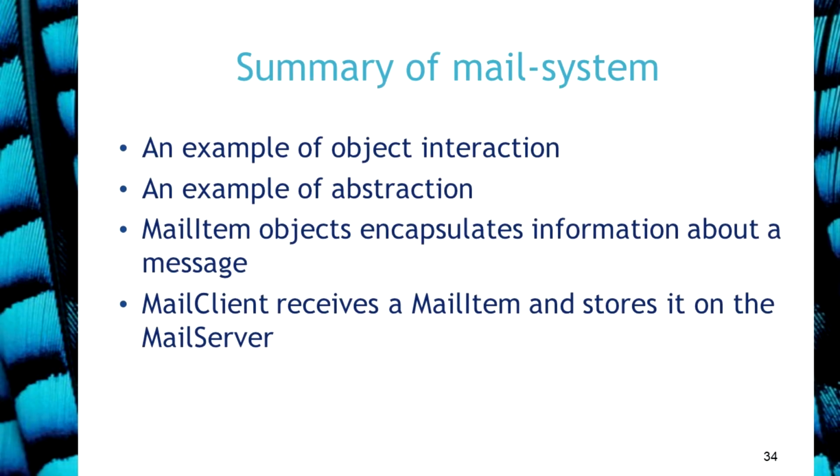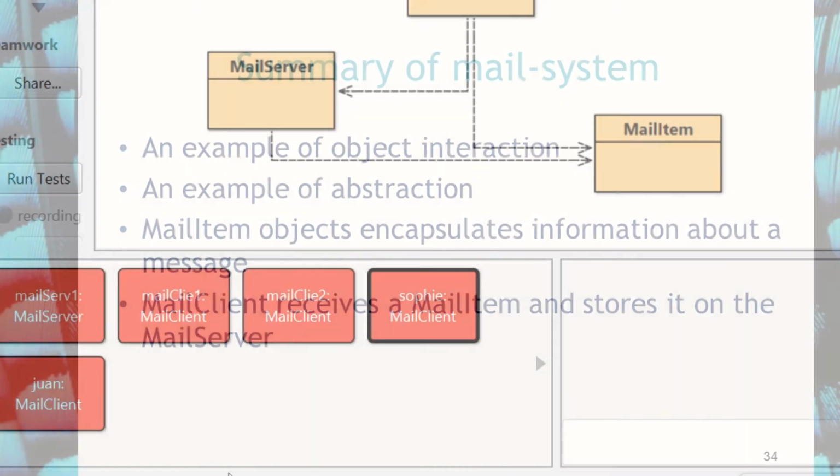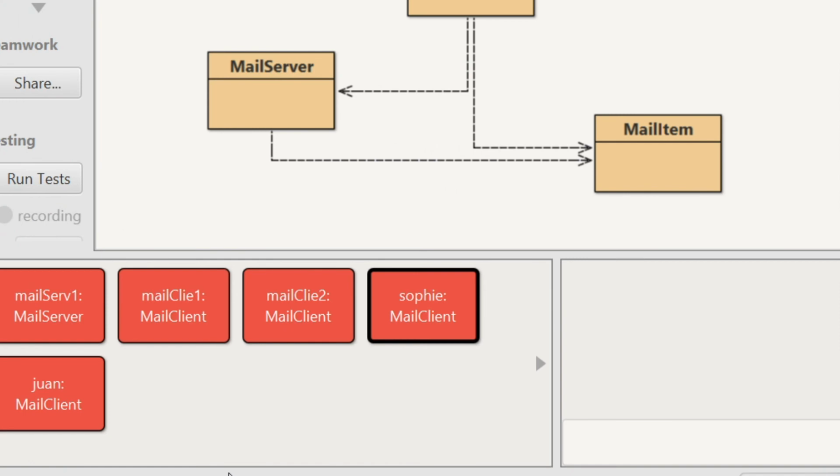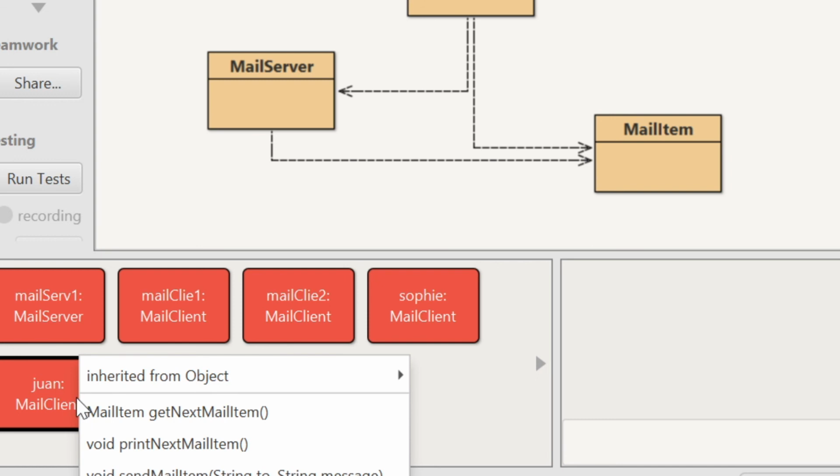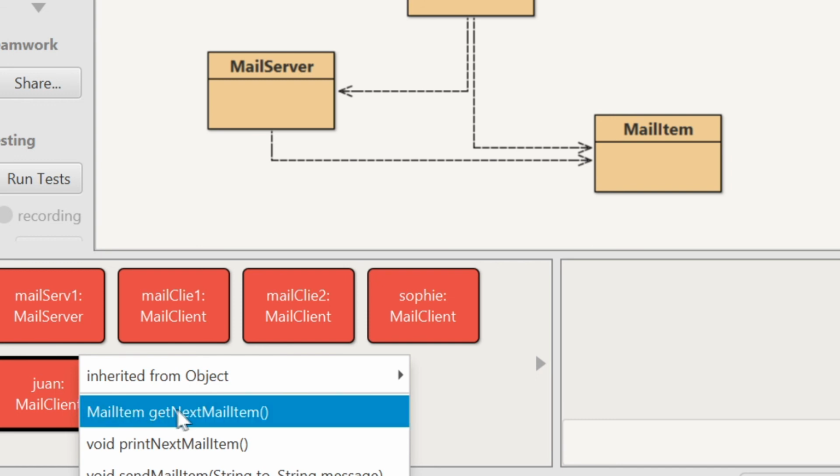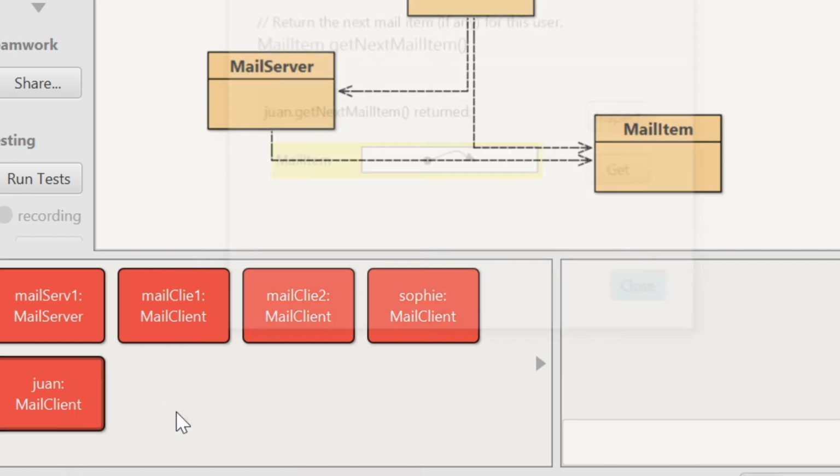In the experiments of the previous section, we have seen another example of object interaction similar to the one that we've seen before, objects calling methods of other objects. In the printNextMailItem method, the mail client object made a call to the mail server object to retrieve the next mail item, and this method, getNextMailItem, returned a value, an object of type MailItem.